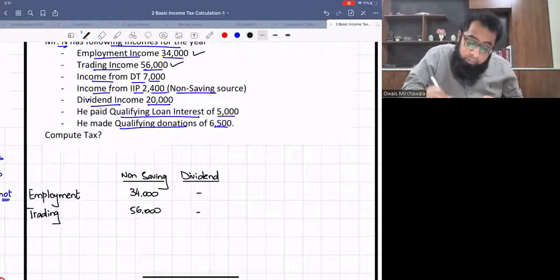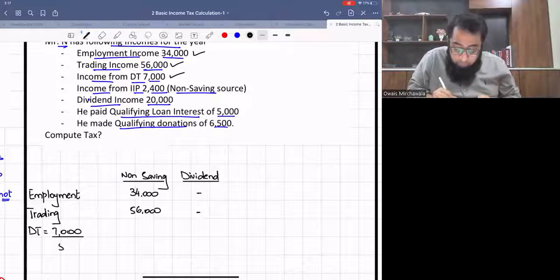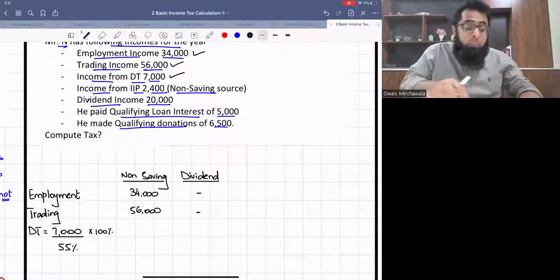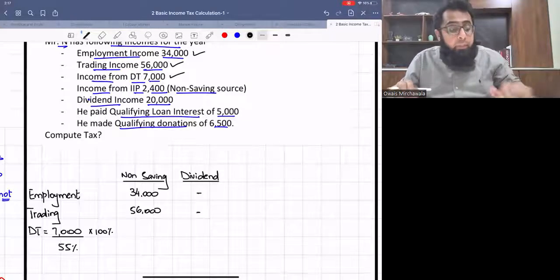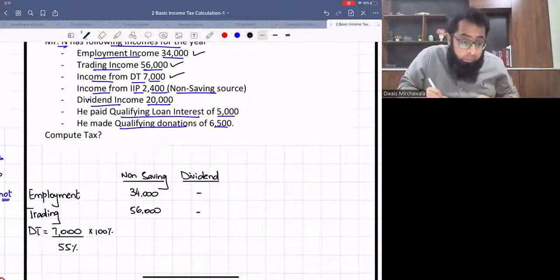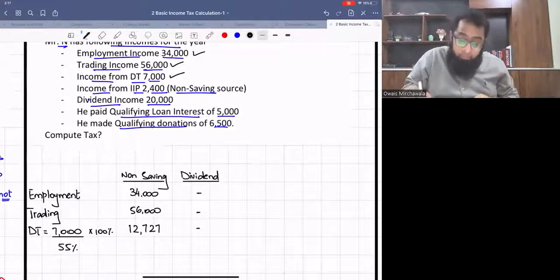Okay. Then there is DT. I hope you all remember by now that in discretionary trust, there is 45% withhold. So we gross it up by dividing it by 55 and multiplying it with 100. So it's 12,727, and it goes in non-saving.